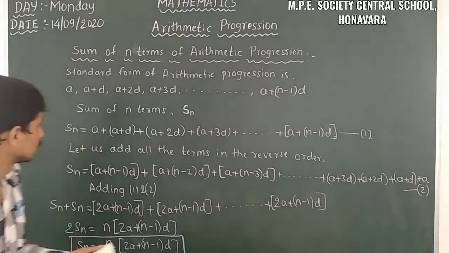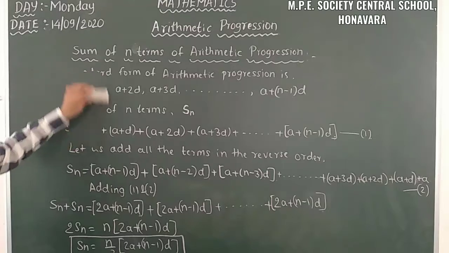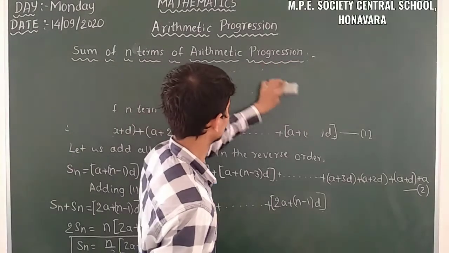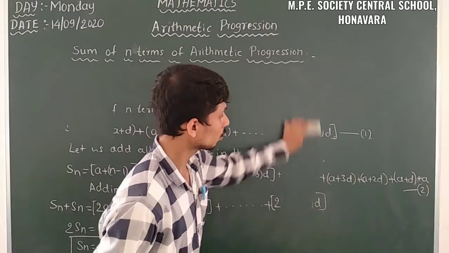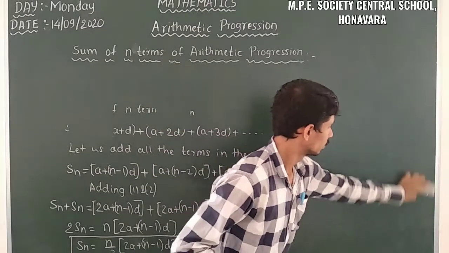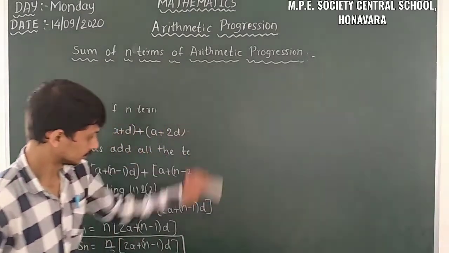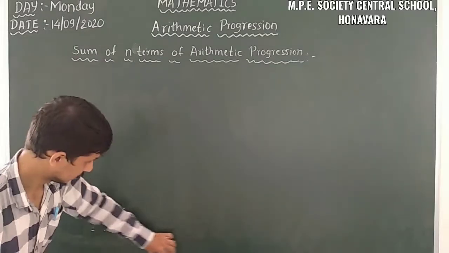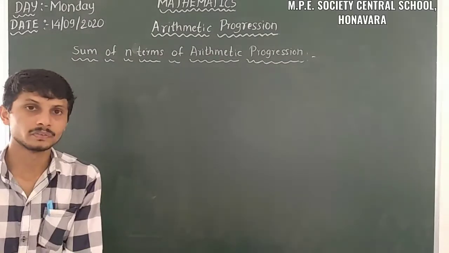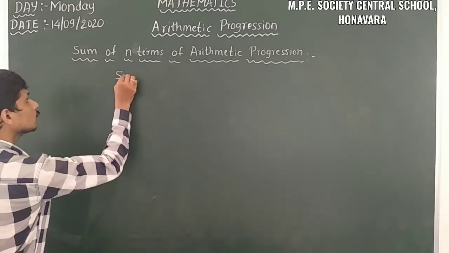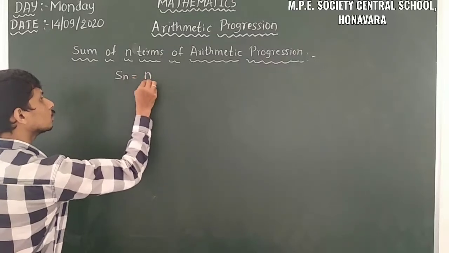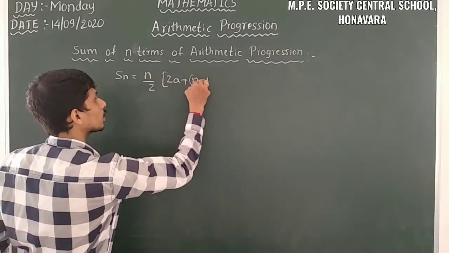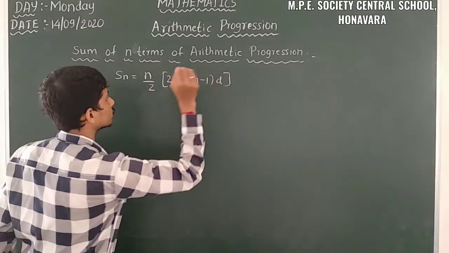Here we have to take some modifications, when we know the sum of terms. Here we have Sn is equal to n by 2 into 2a plus n minus 1 into d.